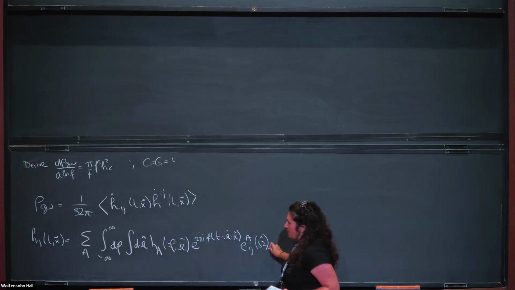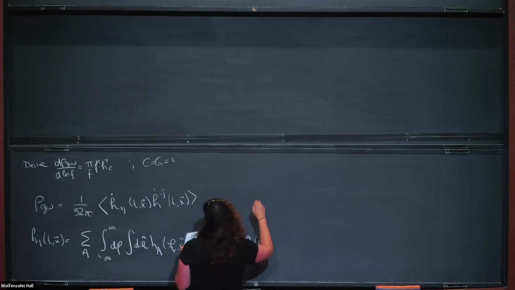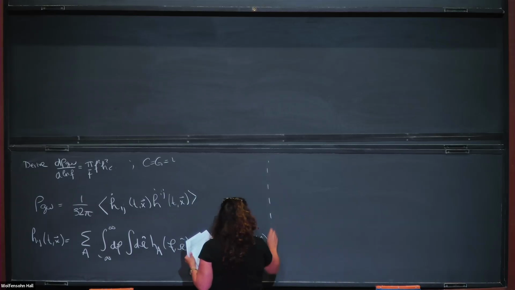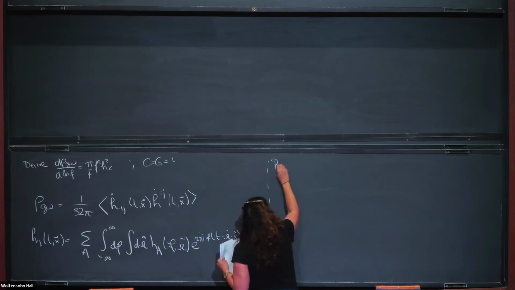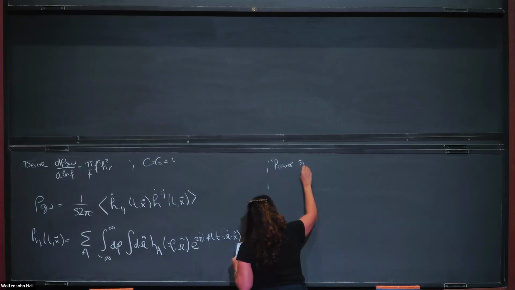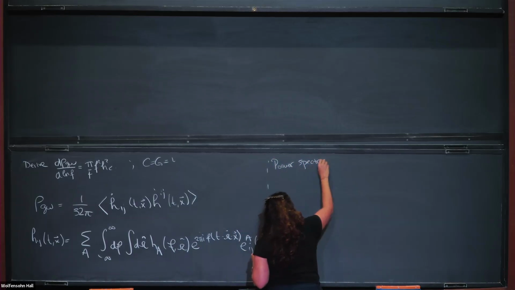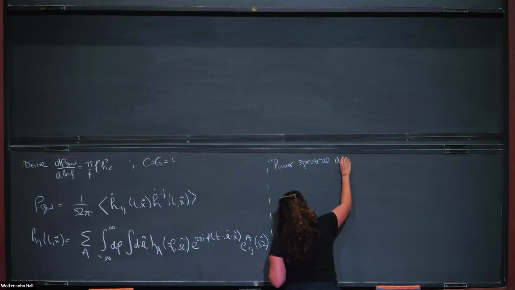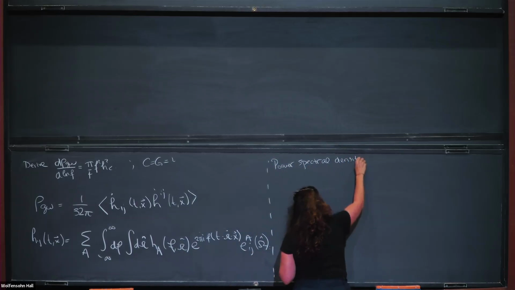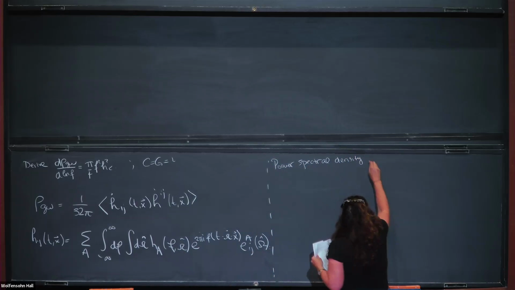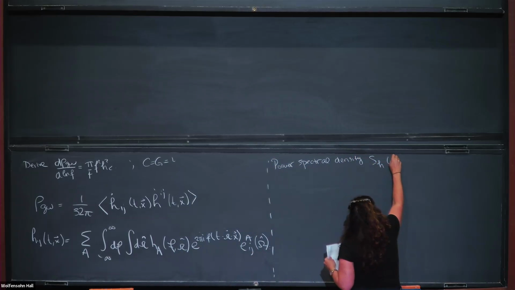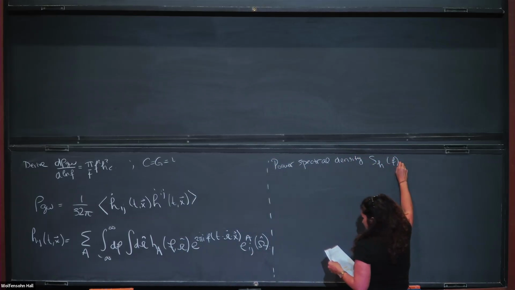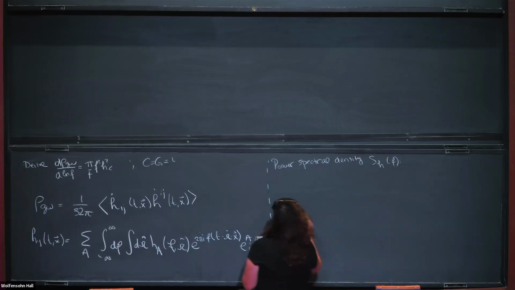So the next thing that we want to define is the spectral energy density. So the power spectral density, which we denote as S_h of f, is defined in the following way.